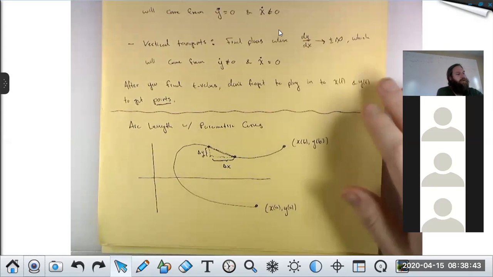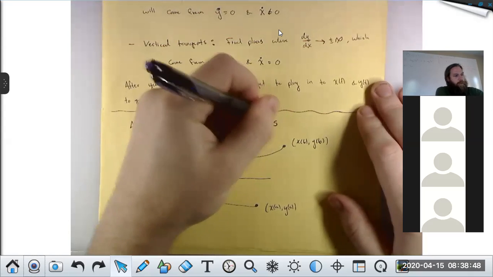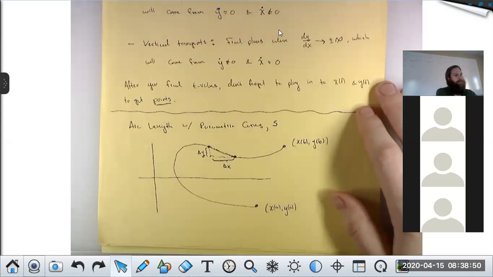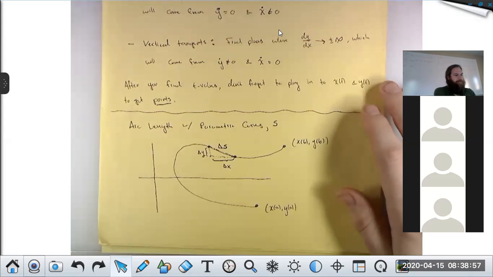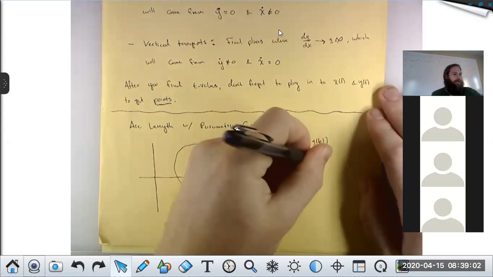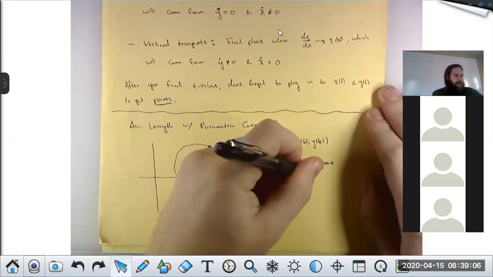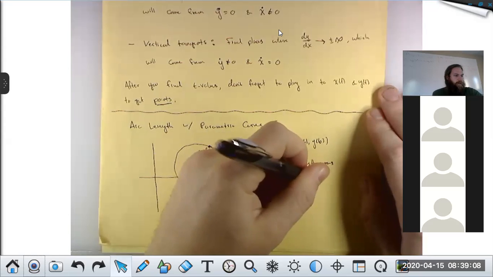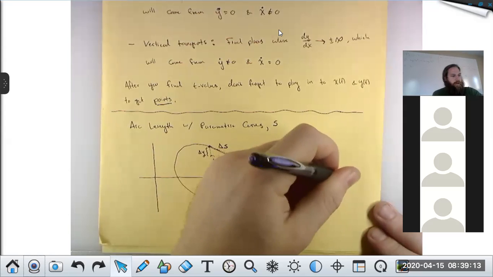So if I call this length up here, S is the symbol we always use for arc length. So if I call this guy delta S, then by Pythagoras, delta S squared is delta x squared plus delta y squared.